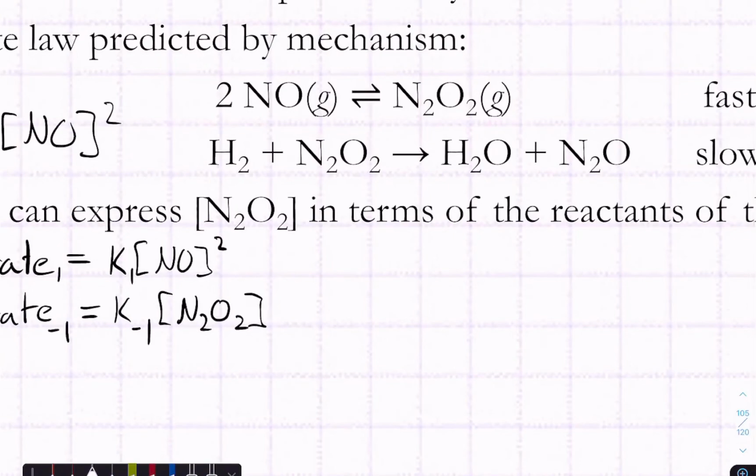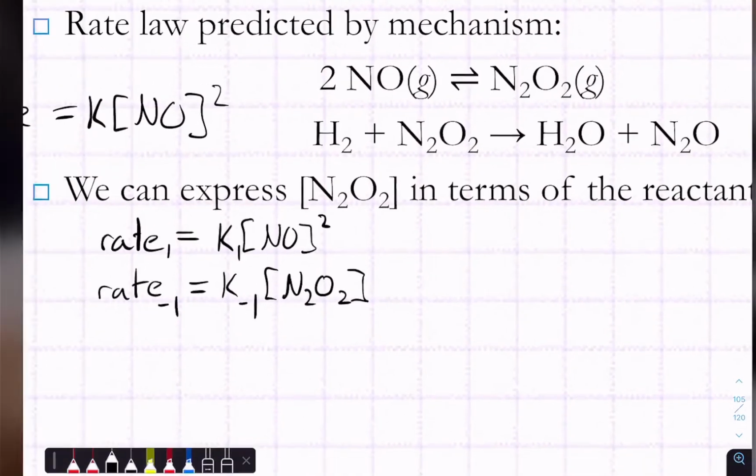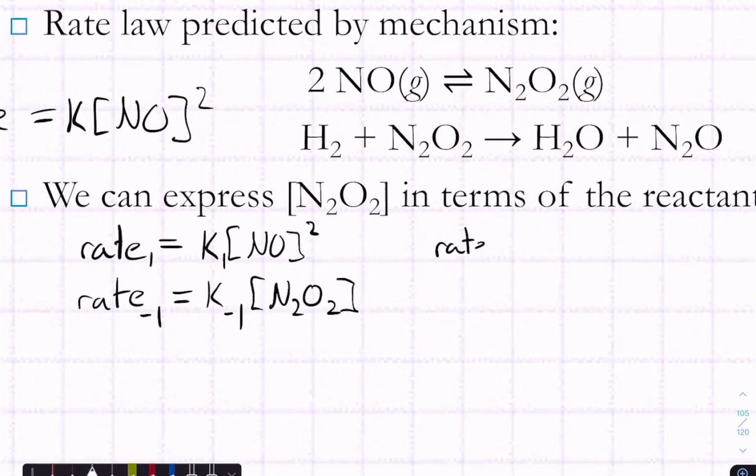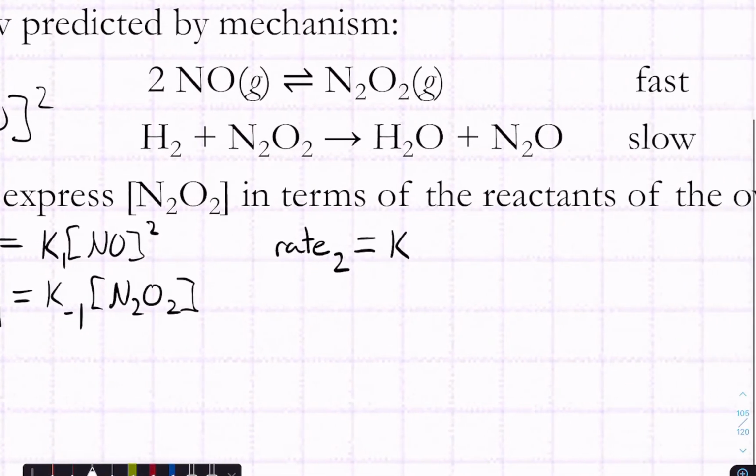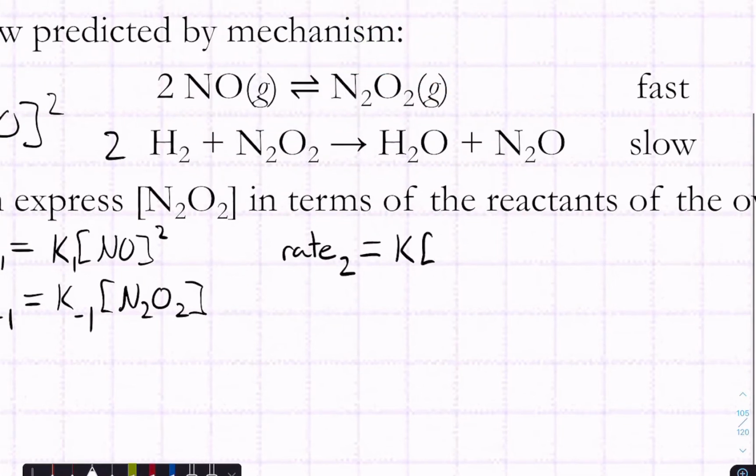And then we need the rate law of our slow step. So rate, call this one rate 2, which is the rate of step 2. It's going to be k2, and then what would the rate of step 2 be? The concentration of H2.